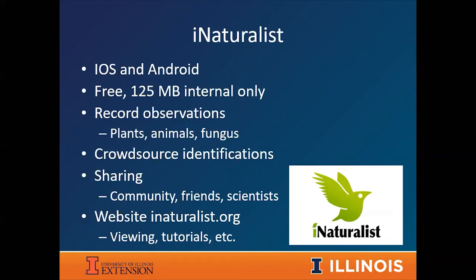And again, similar to eBird, this shares with community, friends, scientists. It's pretty fun to just go to the iNaturalist website and dig around and see what people are seeing in your area.